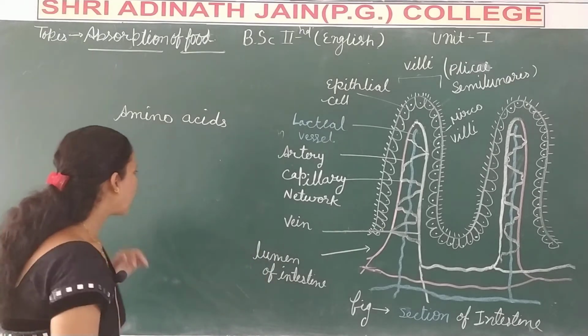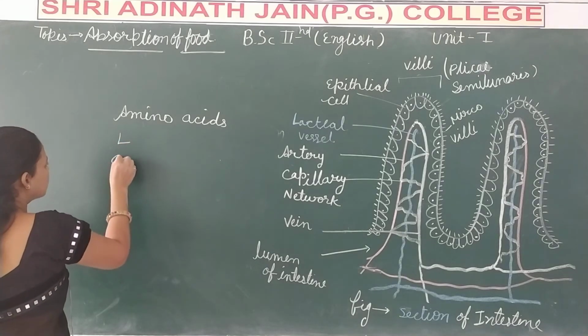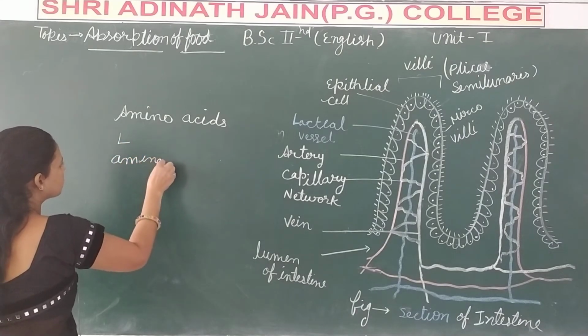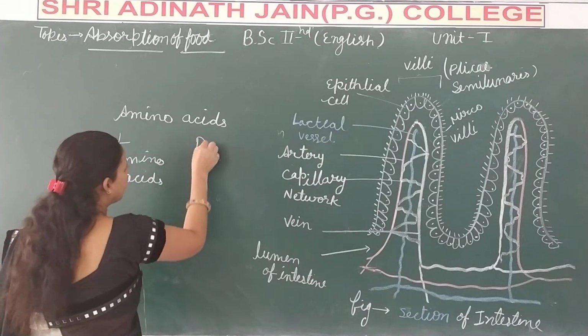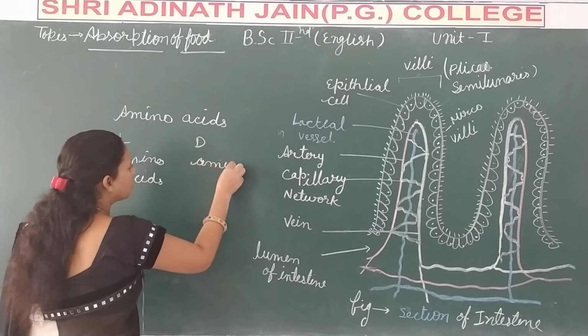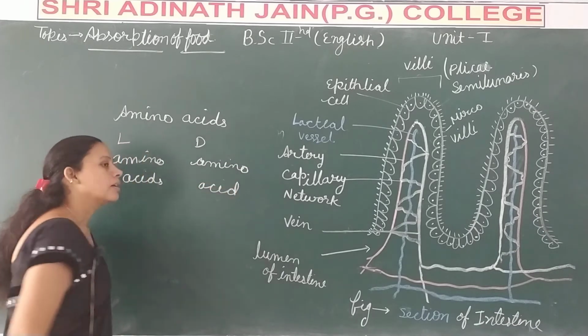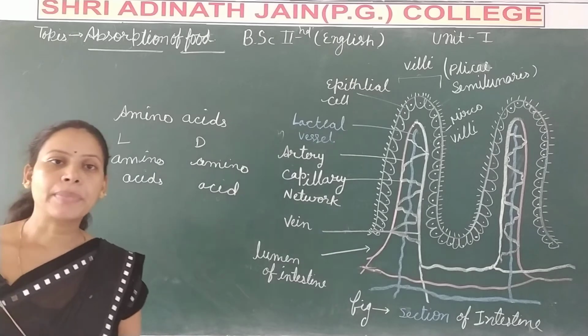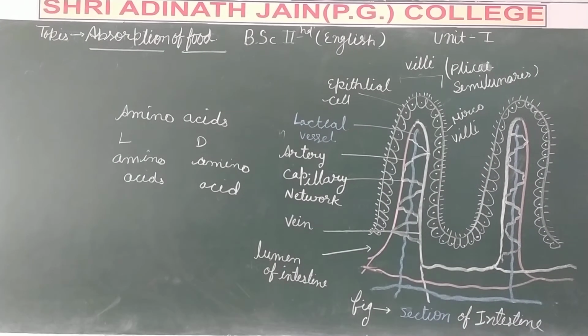It means the amino acids are divided into L amino acids and D amino acids. This is because the membrane has selective permeable conditions.